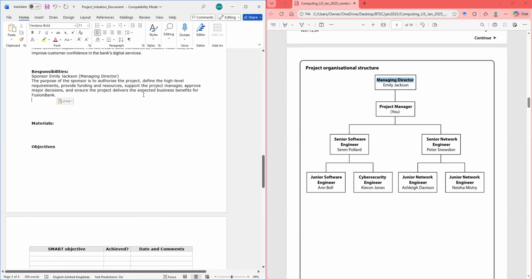The only thing you have to do is adapt it to whatever project you are doing. So the purpose of the sponsor is to authorize the project, define the high-level requirements, provide funding and resources, support the project manager, approve major decisions, and ensure that the project delivers the expected business benefits for Fusion Bank. That's what Miss Emily Jackson is there for.